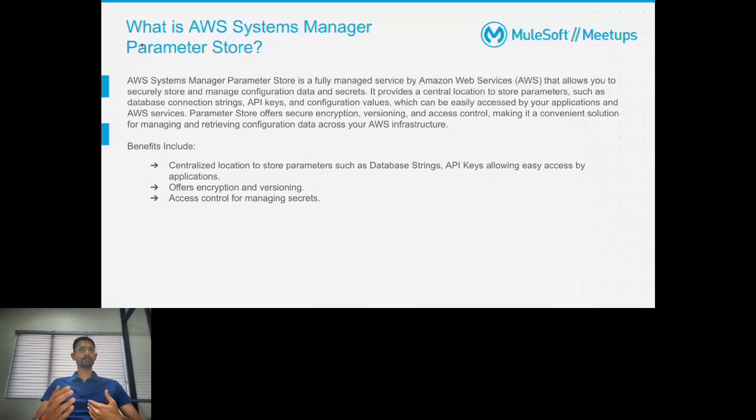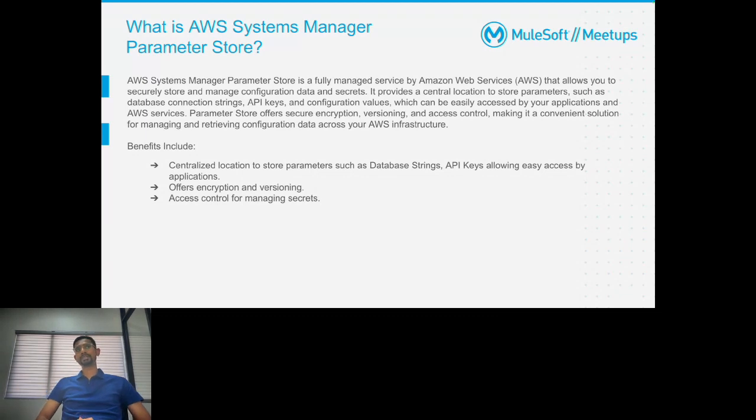Again, offered by AWS, it allows us to securely store our configuration data and secrets. It can be easily accessed by applications within the AWS services as well. So it makes it really easier if, let's say tomorrow, we want to use it in RDS, we can pull in these values from Parameter Store and use it there.